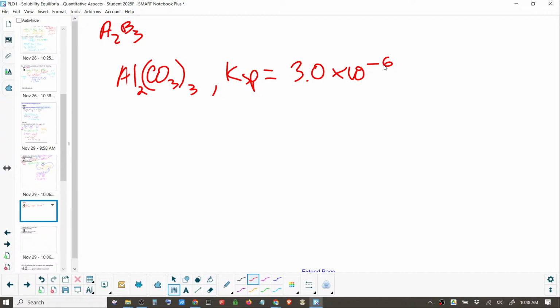Also, there's literally a ton of research. More blood goes to this. Oh yes, calculate solubility.